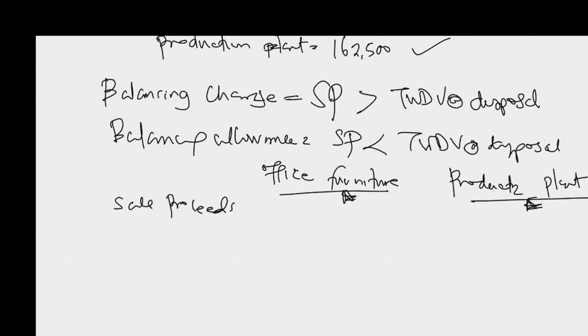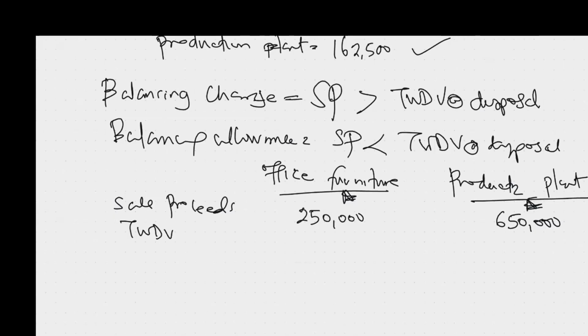Thank you. And the production plant is 650. Thank you, God bless you. So, tax written down value at disposal. How much is our tax written down value at disposal?